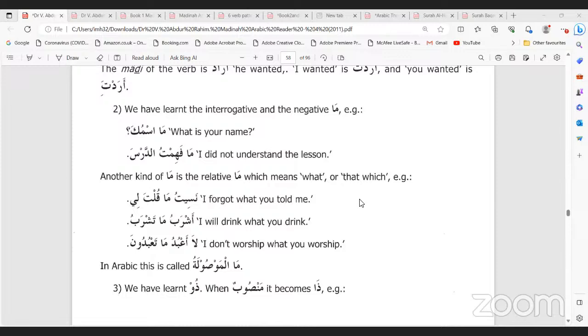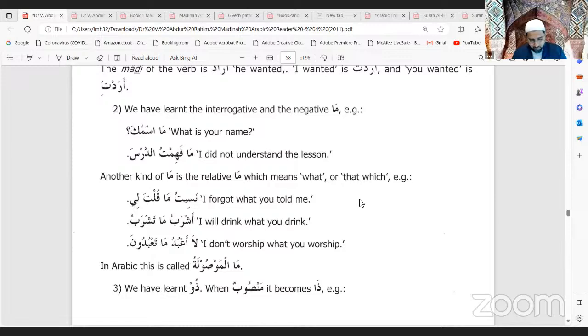Another kind of ma is the relative ma, which means what or that which. Example: Nasitu ma qulta li. I forgot what you told me. Ashrabu ma tashrabu. I will drink what you drink. La abudu ma tabuduna. I don't worship what you worship.